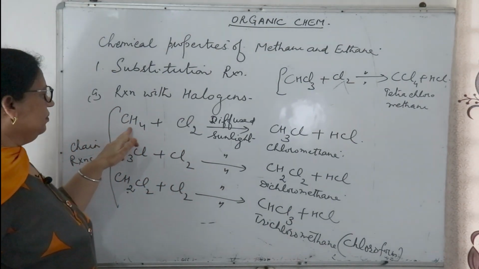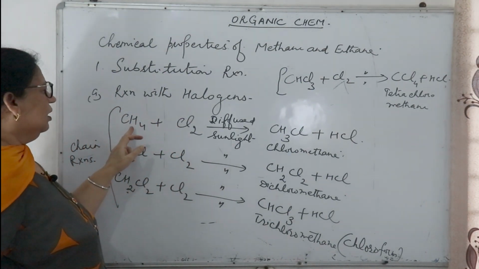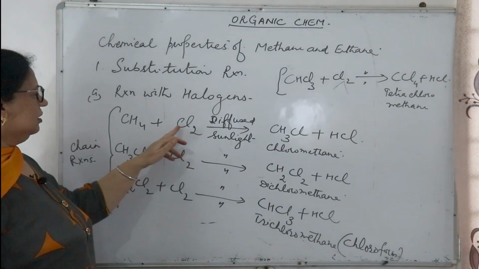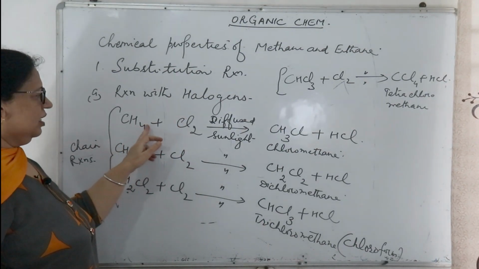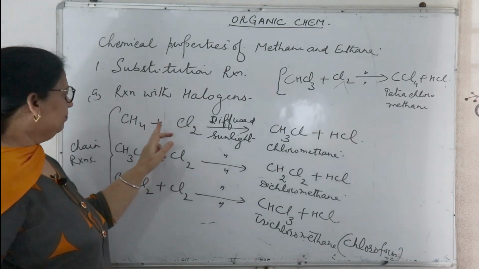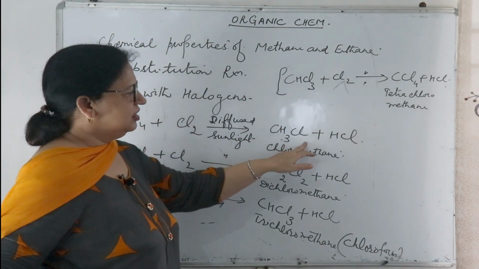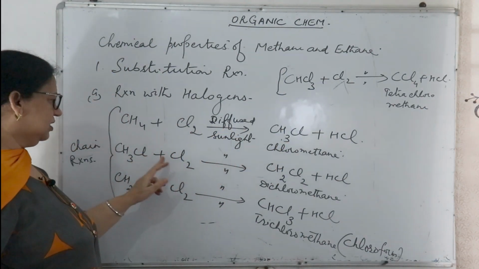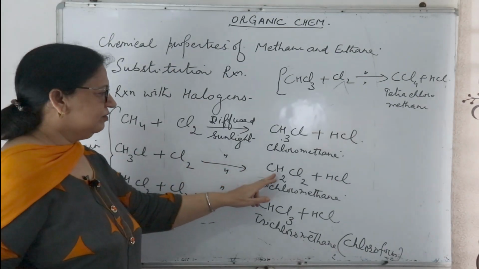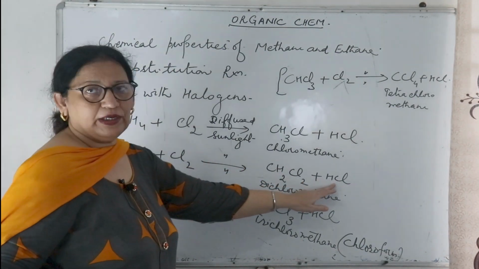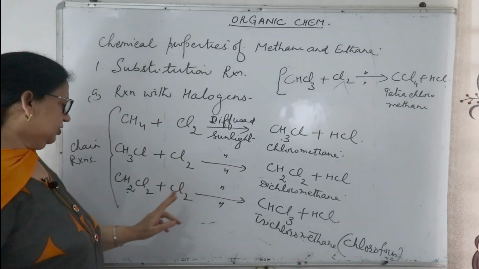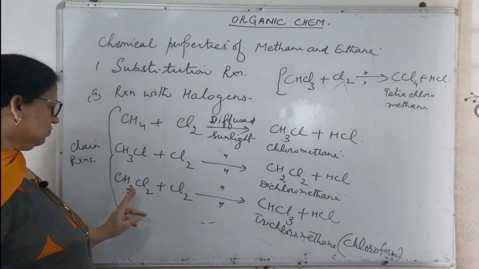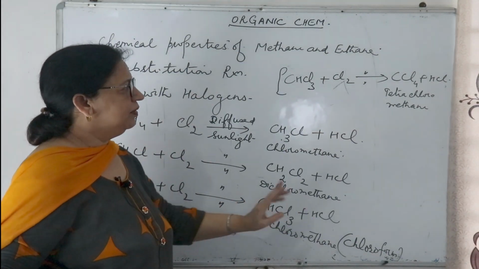Try to understand. Methane plus chlorine, these are called substitution reactions. Actually they are displacement: one hydrogen is displaced and Cl has taken the place of that hydrogen, that is CH3Cl. What is left? That is HCl. Now we take CH3Cl plus again Cl2, then again replace one hydrogen, that will become CH2Cl2 plus HCl. Then CH2Cl2, dichloromethane, plus chlorine, and again replace one hydrogen, that will become CHCl3 plus HCl.